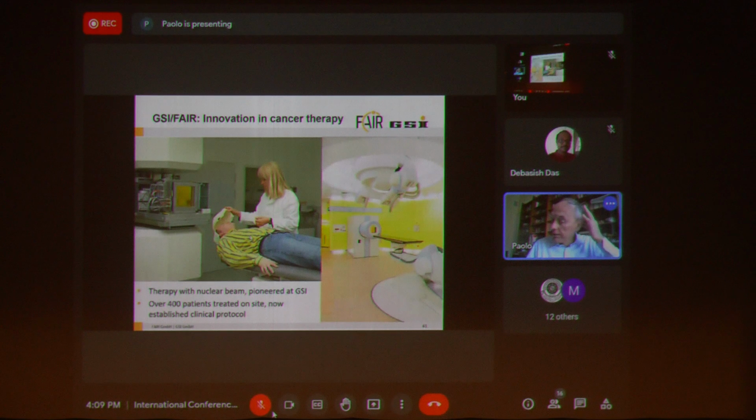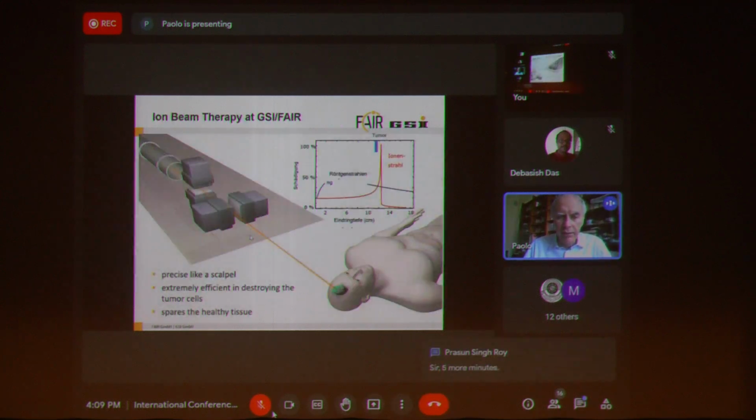But also, this laboratory has been a pioneer in cancer therapy, introducing ion beams as the tool to destroy the cells of the tumor while minimizing damage to healthy tissue, as you see here.